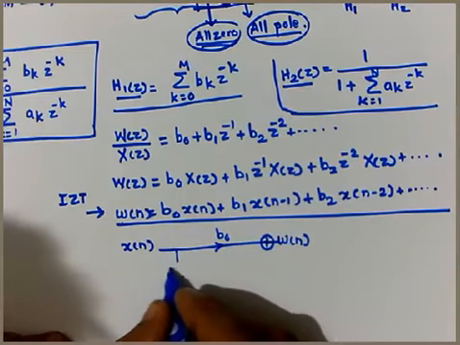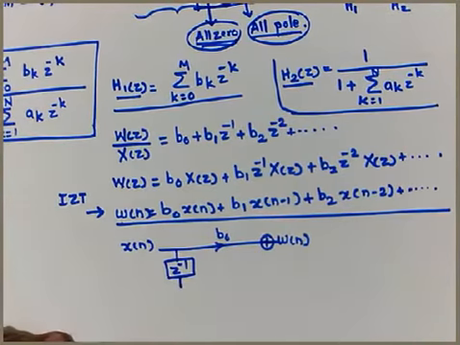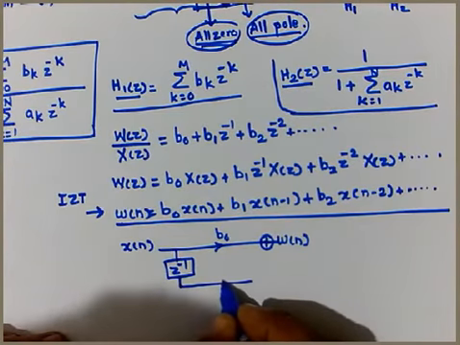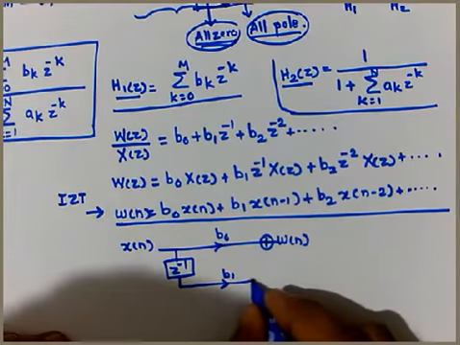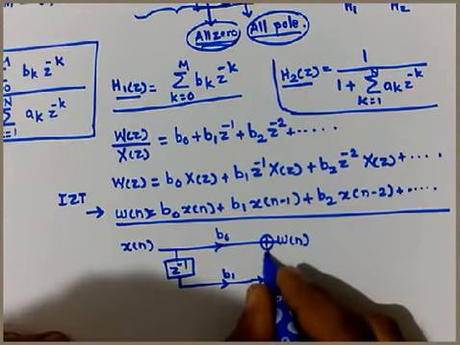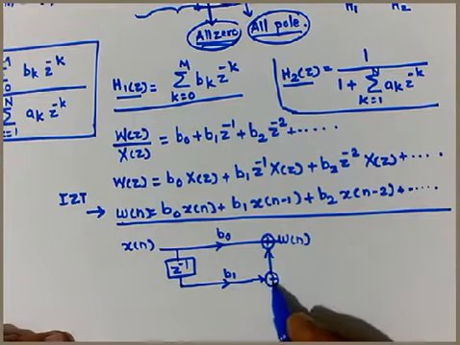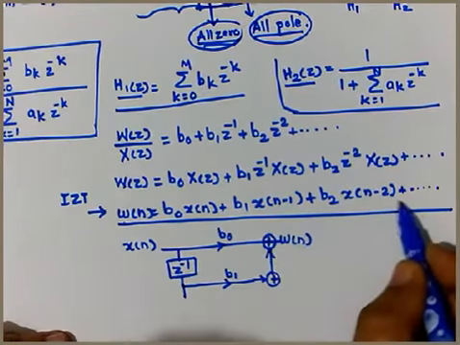Now the next term is b1 times x(n minus 1). So delay this x(n), add here the block z inverse, which will be delaying it. From this point it will be scaled by b1, since it is multiplied over here, and then further it is added to the existing, that is b0 x(n). That's why an adder will be added over here. Next is nothing but b2 x(n minus 2).